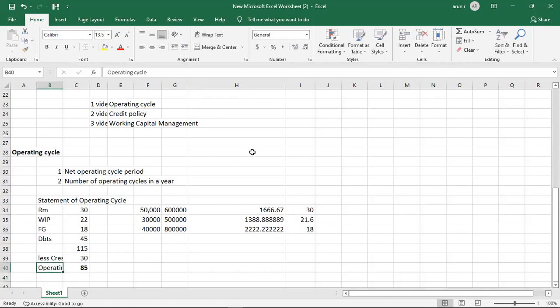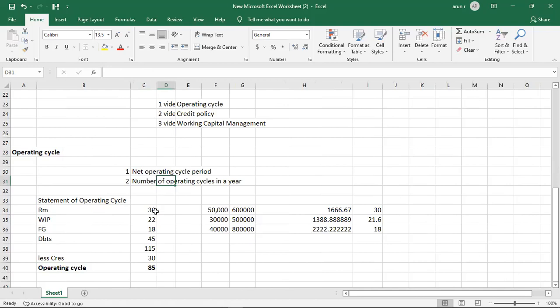We found the first answer, the operating cycle. And the next question asks the number of operating cycles in a year. It is very simple. Number of days in a year, 360, divided by the operating cycle of 85, equals 4.2353.